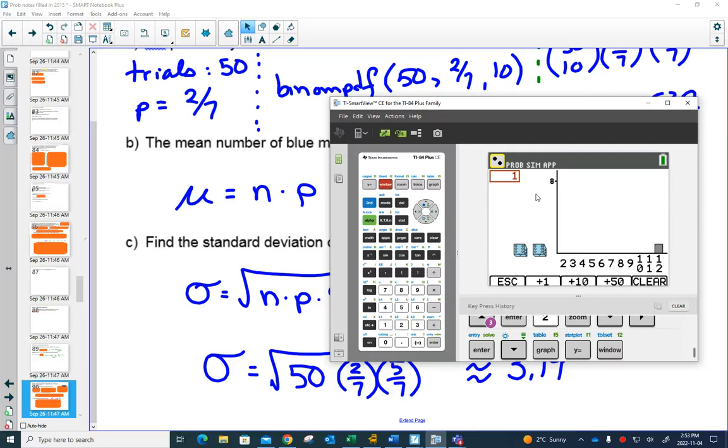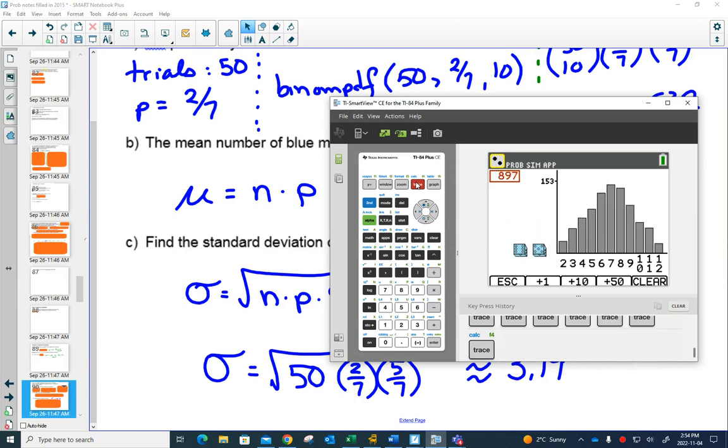But if we do this 50 more times, 50 more times, 50 more times, and we keep doing this, and this is why this is fun to play with, because if I got you to do this in class and keep data, how long do you think it would take you to roll 1,051 times, collect your data, and then put it into a histogram? It would probably take us a long time.